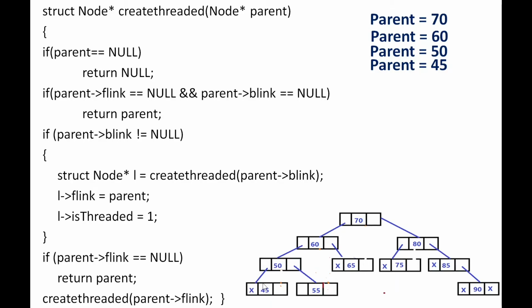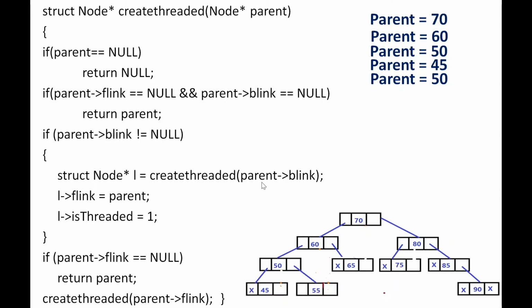So where will it go? It will go to the previous recursive call, which is pending with respect to parent 50. If you just recall, the parent 50 left the execution when it reached the create threaded recursive call.